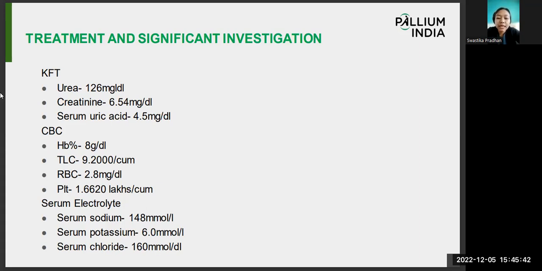CBC: Hb 8 gram per dl, TLC 9,200, RBC 2.8, platelets 1.66 lakhs. Serum electrolytes: sodium 148 mmol per liter, potassium 6.0 mmol per liter, chloride 160 mmol per liter.